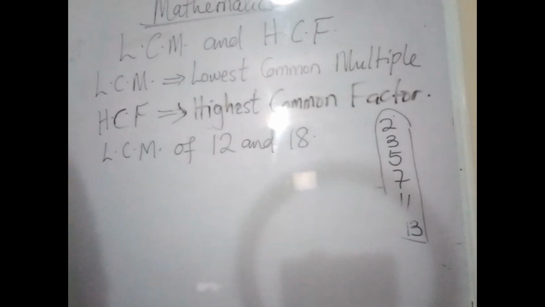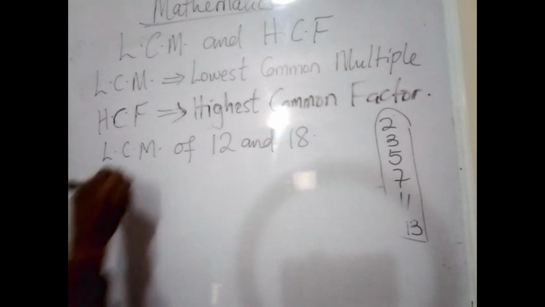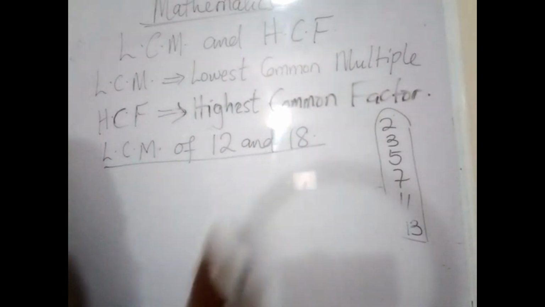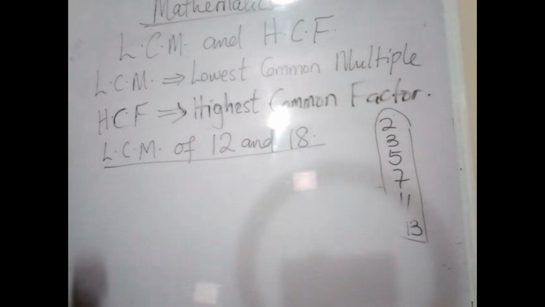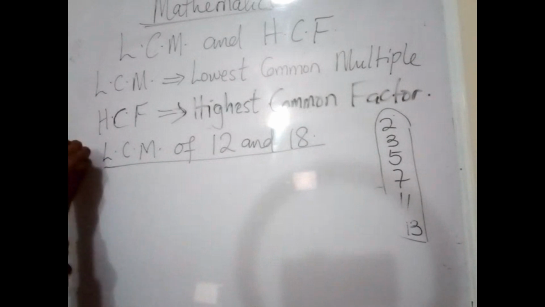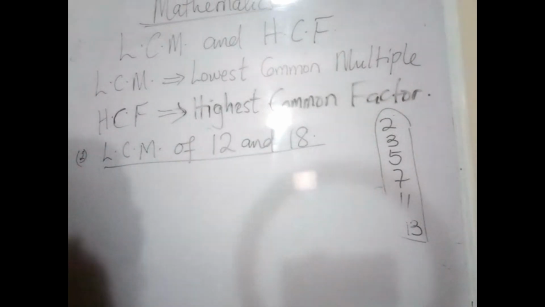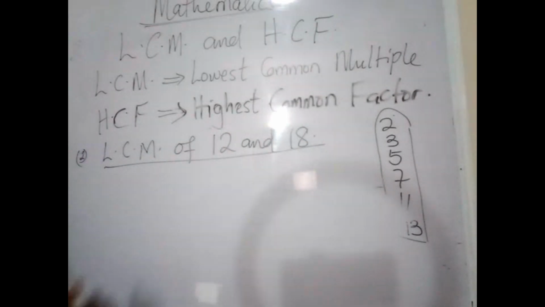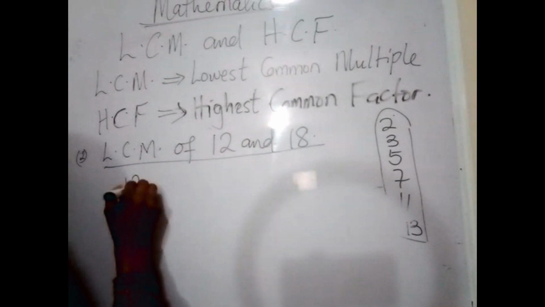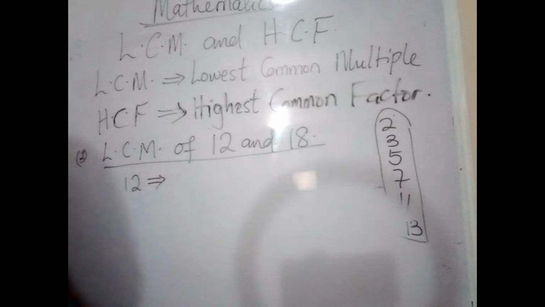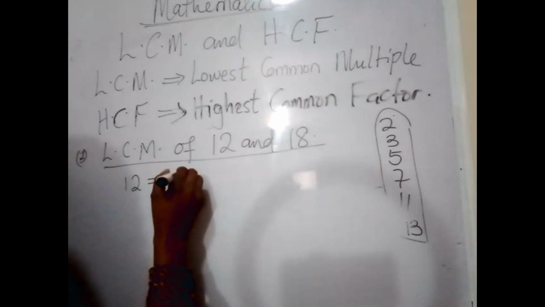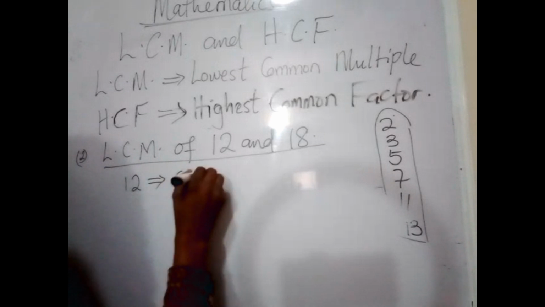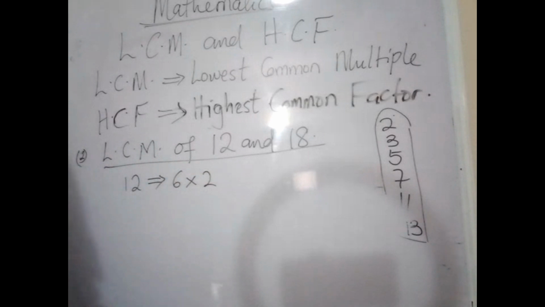So the next example we're going to look at is finding the LCM of 12 and 18. This is example 2. So let's start with 12. Using the prime factorization method, 12 is same as 6 in 2 places, which is 6 times 2, right?